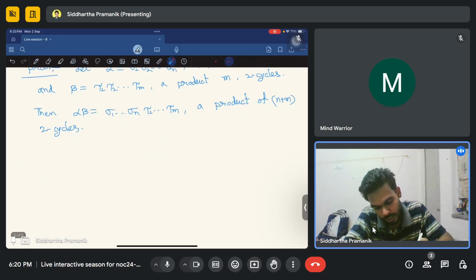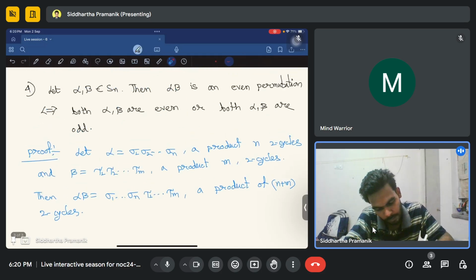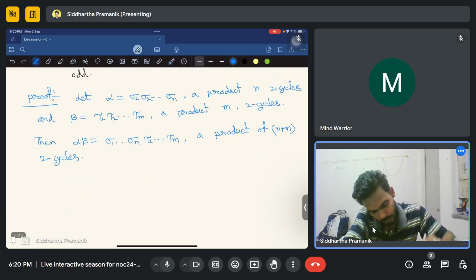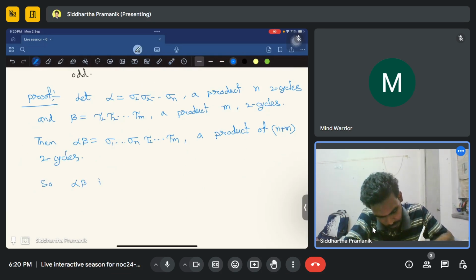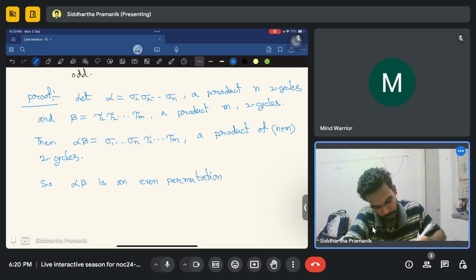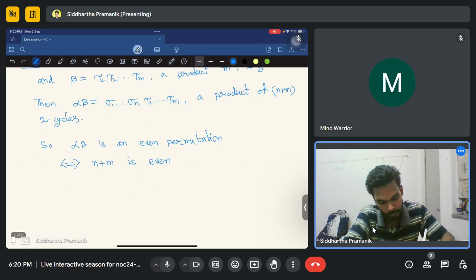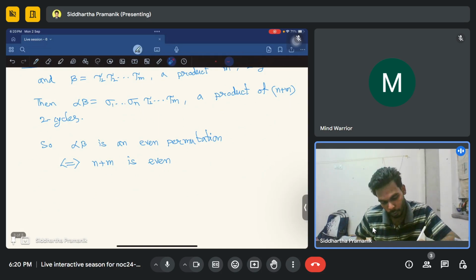So we need to check when this alpha beta is an even permutation. Alpha beta is an even permutation if and only if n plus m is even. Now this is a sum of two integers.